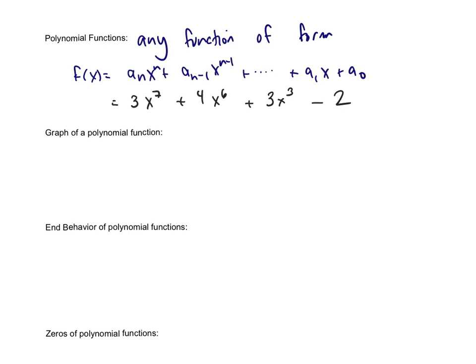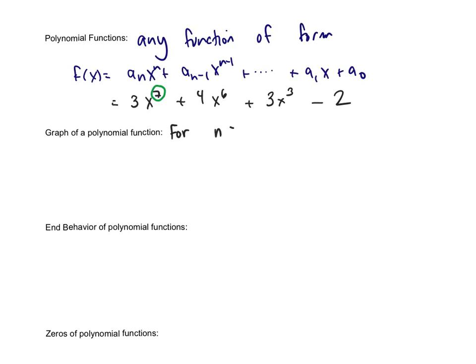So you study polynomial functions a lot in Algebra 2 and pre-calc. But the big thing about polynomial functions is all their graphs typically will work the same depending on what this highest power is. Okay? So we call that highest power the degree.